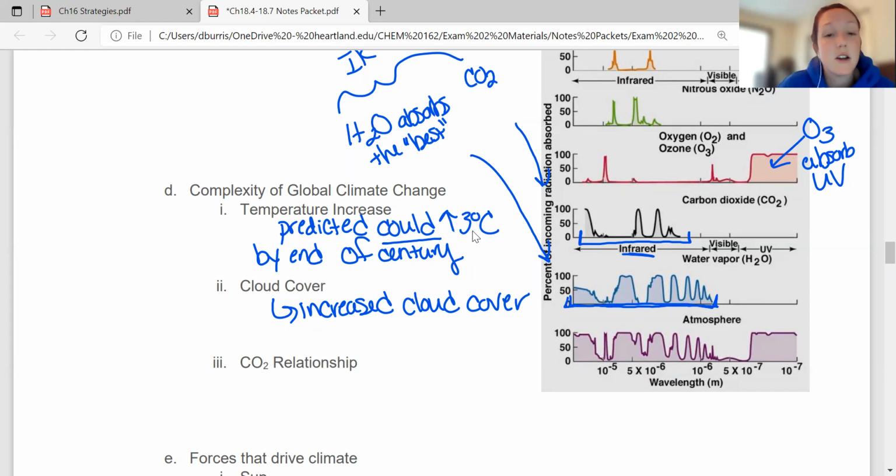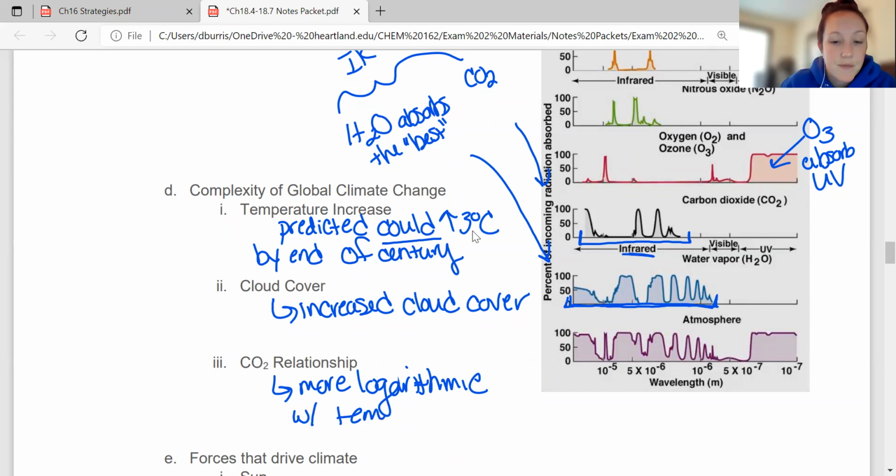Another thing is that a lot of people compare the carbon dioxide increasing relationship to the temperature increasing relationship, and they say that it's exponential. And if you actually look at the numbers, it's more of a logarithmic relationship with temperature. Okay, not exponential.